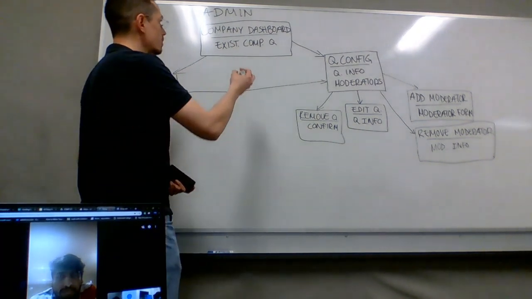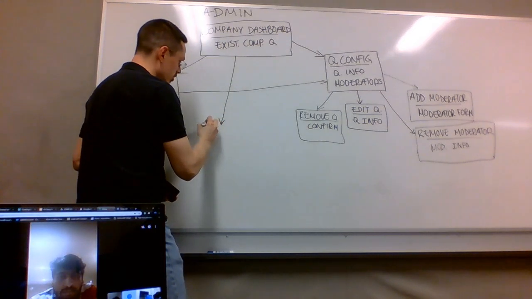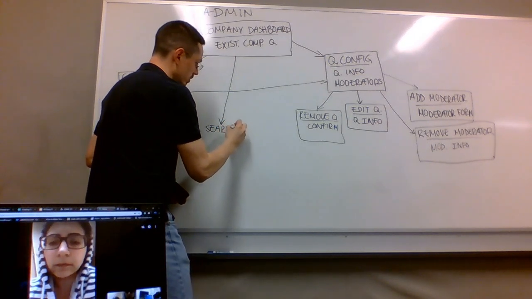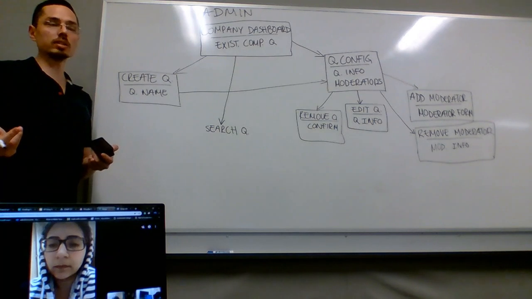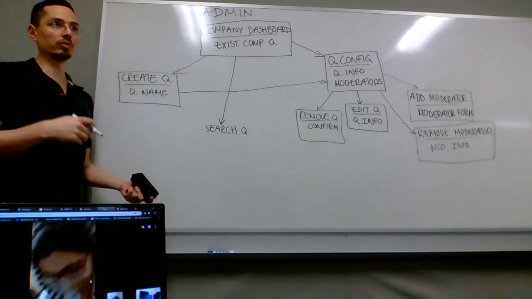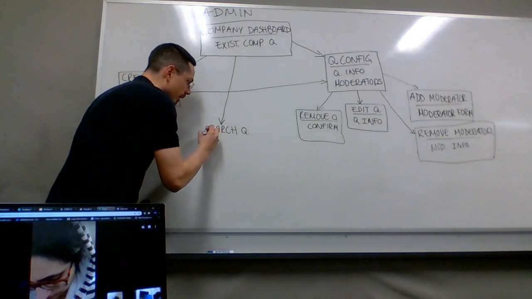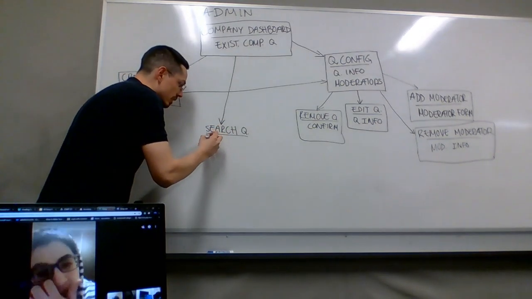So, do you agree, Angelica? If we add this search, it will include the active ones and the previous ones. Yeah. Okay. And this search will have a search field, obviously.